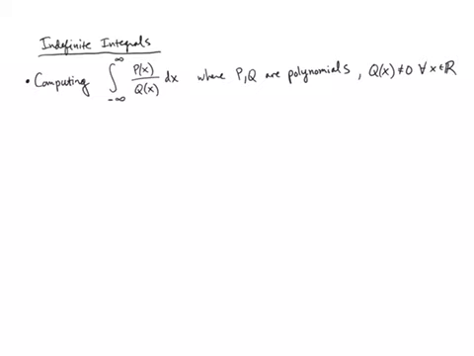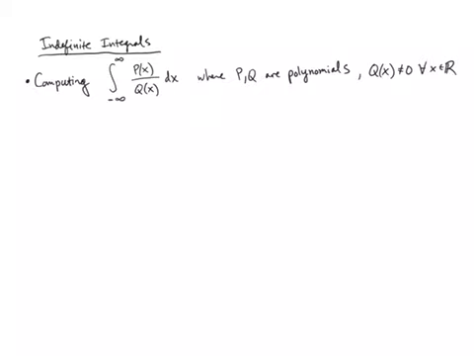And so these will be amenable to partial fraction decomposition methods, but you can find that the residue theorem allows you, in some circumstances, to make quicker work of the computation.